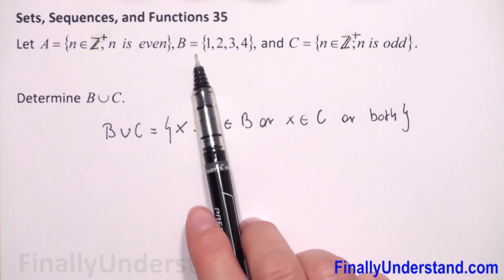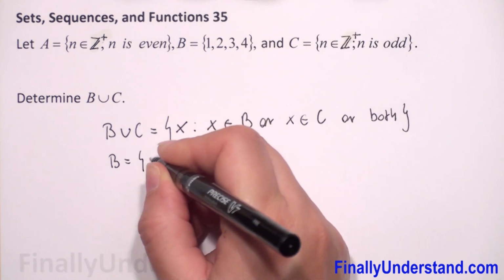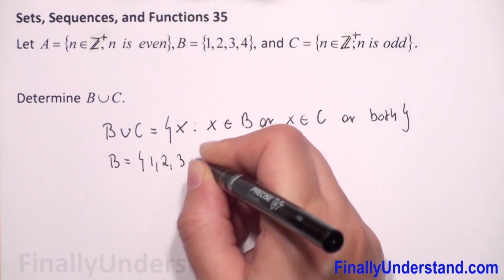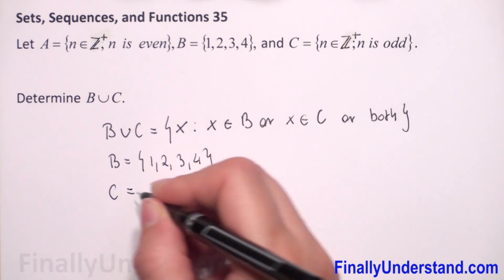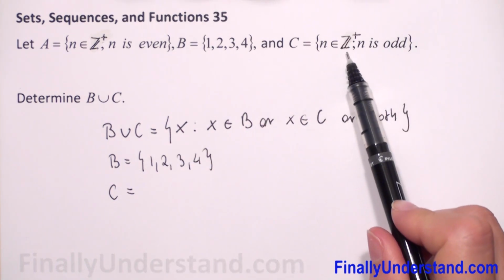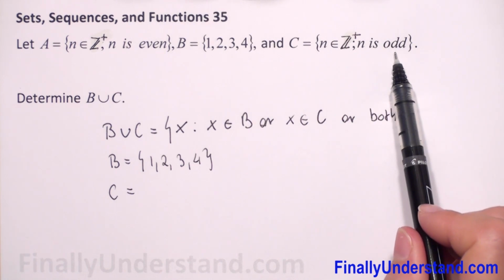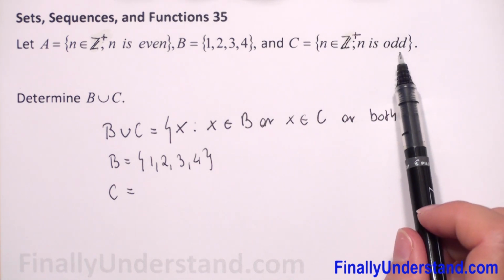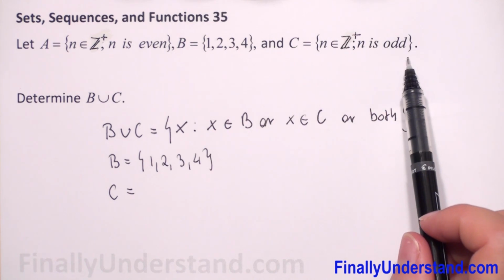We have B as 1, 2, 3, 4. Let me copy this. And we know that set C is all positive integers and odd. We know that any integer that cannot be divided exactly by 2 is an odd number.